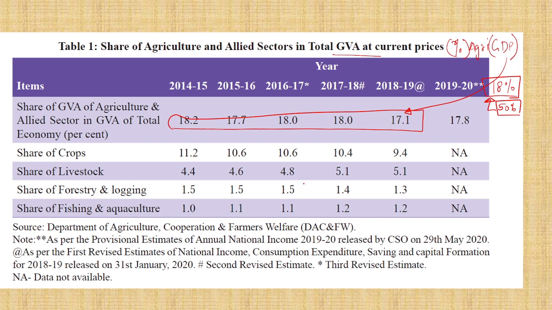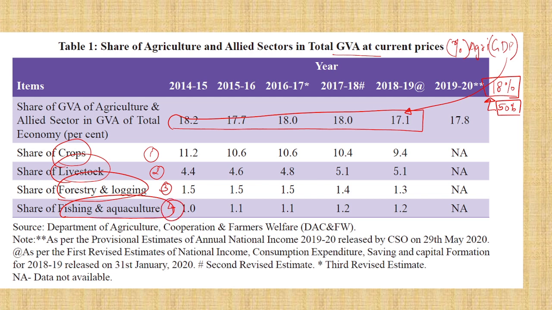In that agriculture, let us see, when you are reading something, read with some concentration. In that agriculture, what are all the things that are there? Agriculture, crops, livestock, forestry, fishing. All these four actually are agriculture. So how do they calculate this GDP, or gross value added?